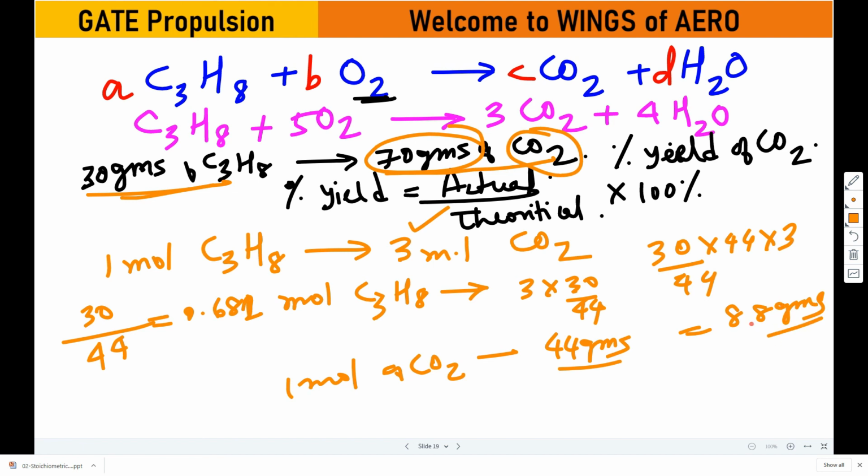Am I right? Yes, ma'am. So that is the theoretical value. The value you are getting is the theoretical value. So percentage of yield becomes 70 by 88 into 100. So tell me the percentage.